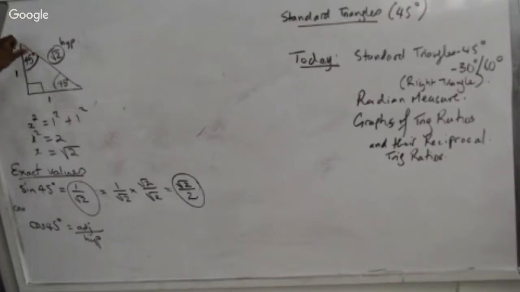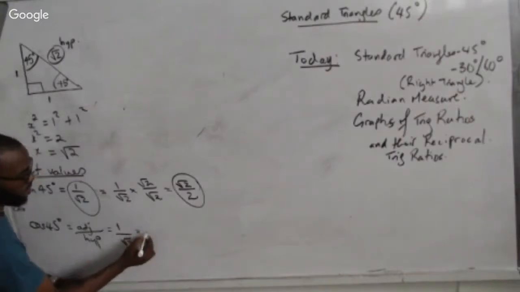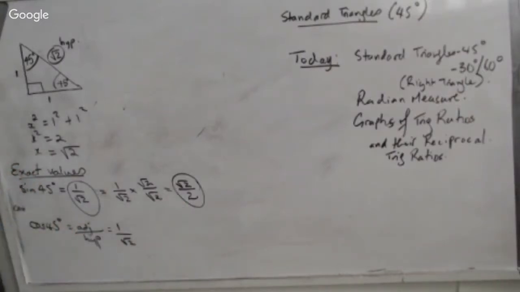So it's either the hypotenuse or this side. But the hypotenuse is already the hypotenuse. So this is the adjacent side, 1. And the hypotenuse is always the longest side, which is root 2. You realize that the sine of 45 and the cosine of 45 are exactly equal, right? So it is also equal to root 2 upon 2.